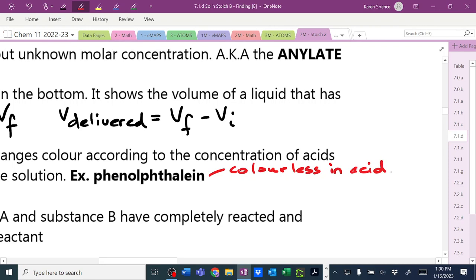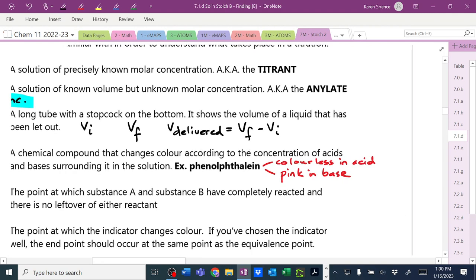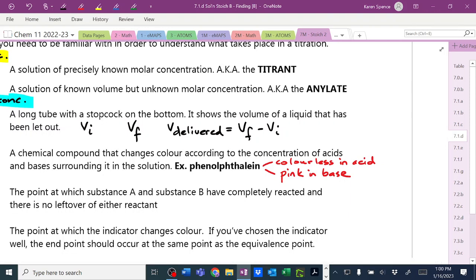And it is pink in base. And that's what we call an indicator. It indicates whether a solution is acidic or whether it is basic.